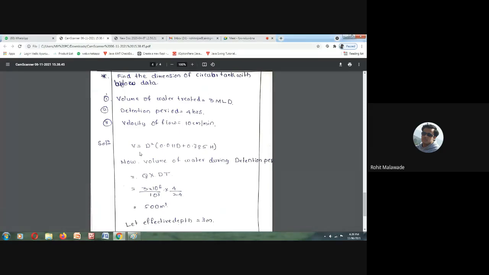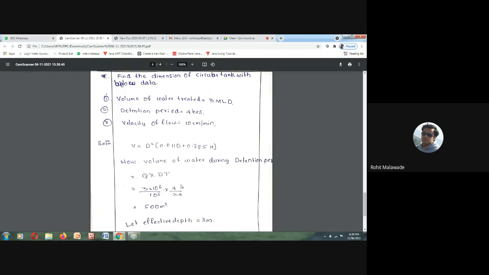Okay. So volume is equal to d square into 0.011 d plus 0.785 h. H is height, d is diameter, v is volume. Now we already know that the volume of the tank is equal to discharge into detention time. So again we are going to convert liter to meter cube.